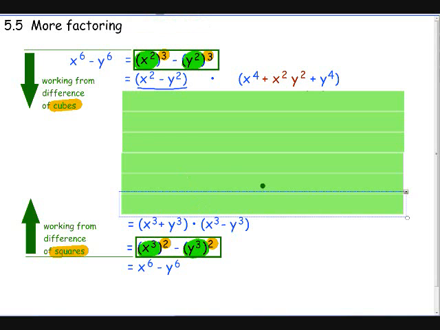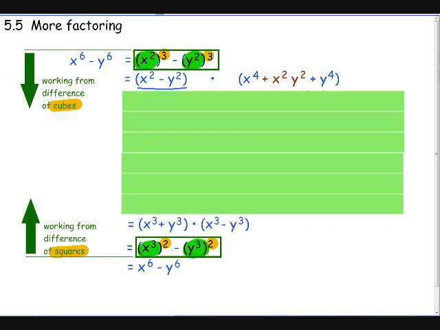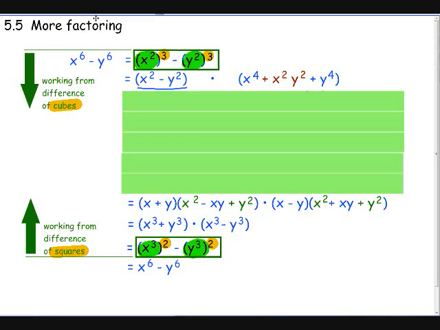We're so familiar with this one. Whoops, I went backwards. And then we have two versions of a difference of cubes, which we are learning. The difference of cubes and the sum of cubes factor in a little bit different way, don't they?